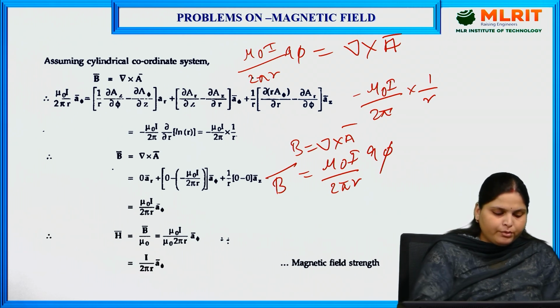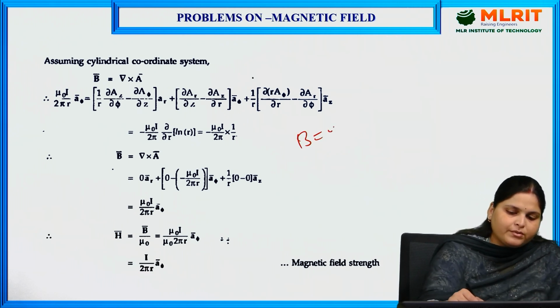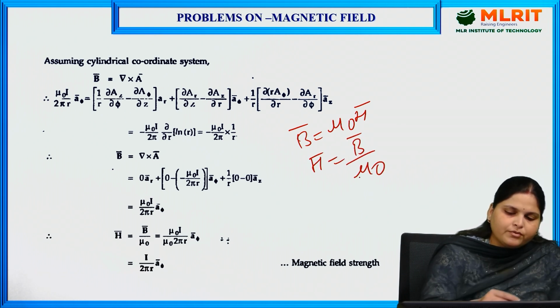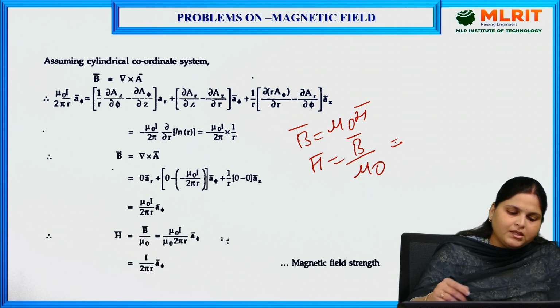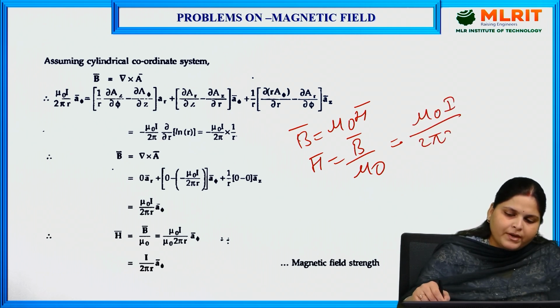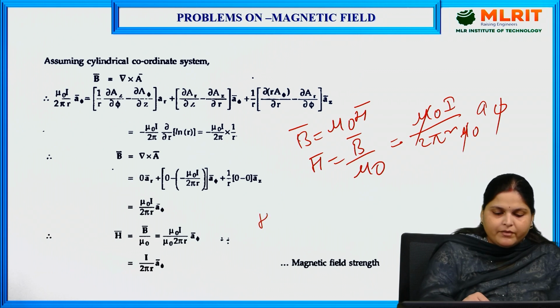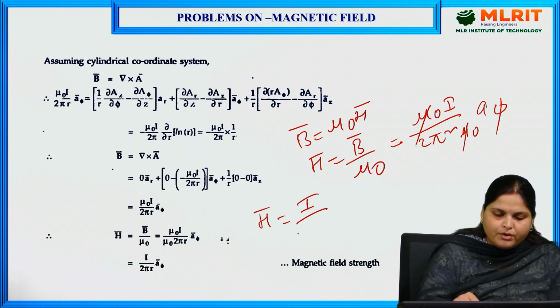And as we know that B is equal to mu naught H, or we can write H is equal to B upon mu naught. So from here we can put B equal to mu naught I upon 2 pi r a phi. The mu naught will get cancelled, and we will get H is equal to I upon 2 pi r a phi.